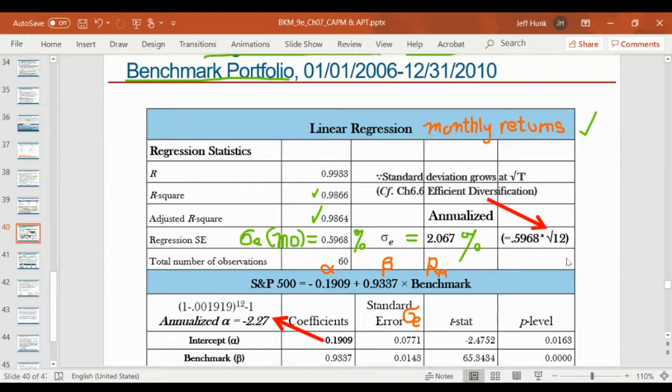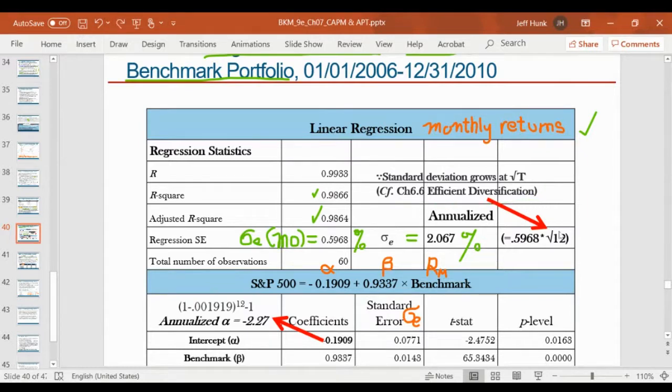You remember that the standard deviation grows by the square root of time. Remember that from efficient diversification.